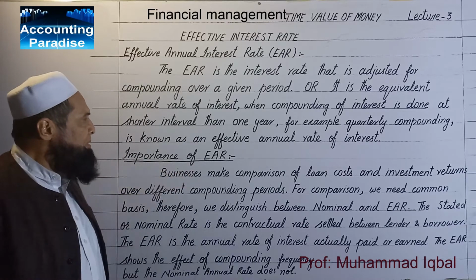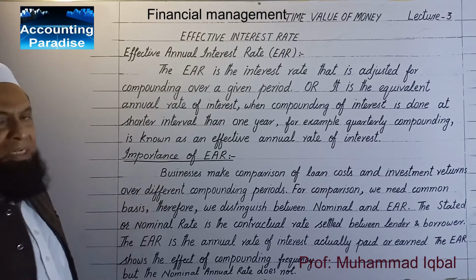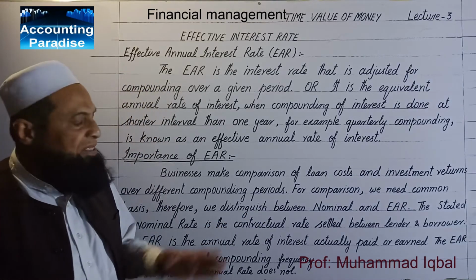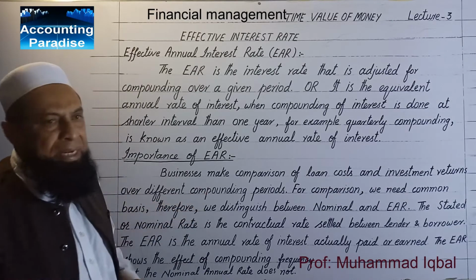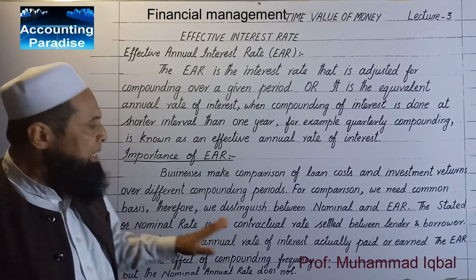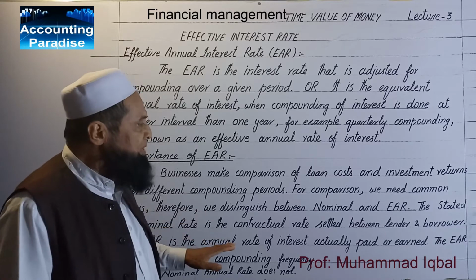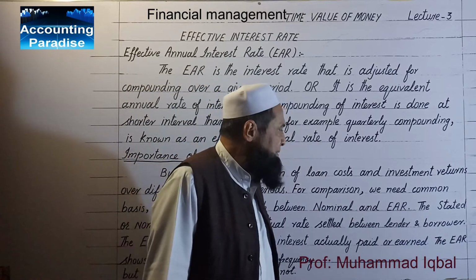Importance of effective annual interest rate. Businesses make comparison of loan costs and investment returns over different compounding periods. For comparison, we need common basis. Therefore, we distinguish between nominal and effective annual rate.